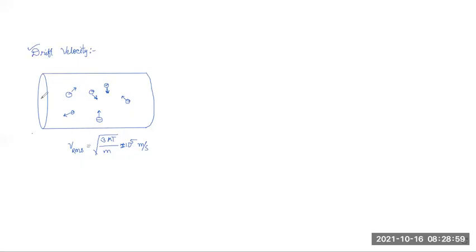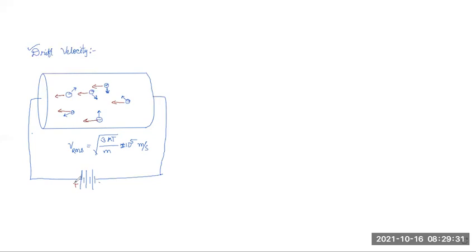But when the same conductor is now connected to an external source which produces a field across this conductor, then instead of moving in a random motion, these electrons show their motion in one particular direction, which is decided by this external battery source.